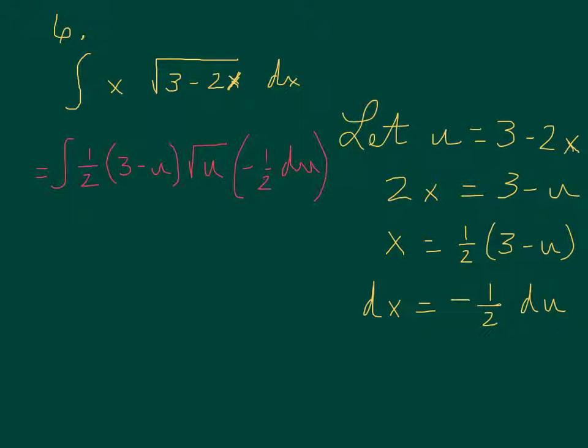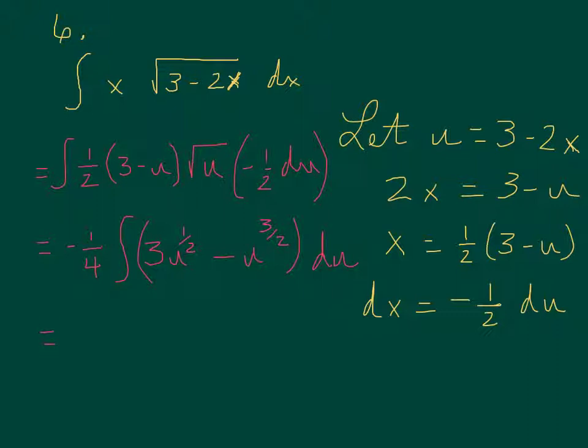Now if we multiply 1/2 times -1/2, that will give us a -1/4, and since that is a constant, we can factor it out in front of our integration symbol. And then the square root of u is u to the 1/2, so if we distribute u to the 1/2 through our parentheses, we'll get 3u to the 1/2 minus u to the 3/2 du.